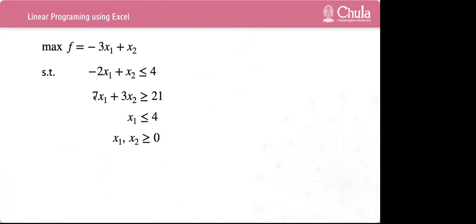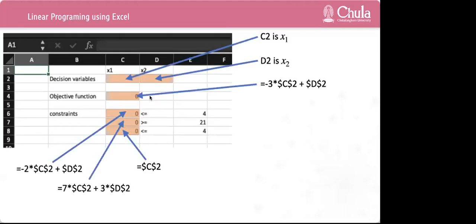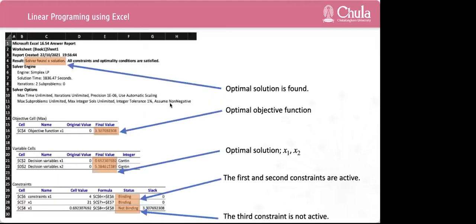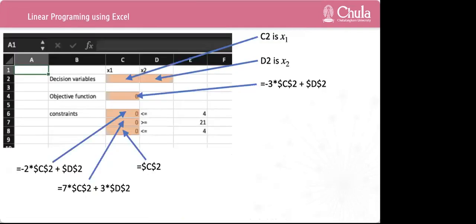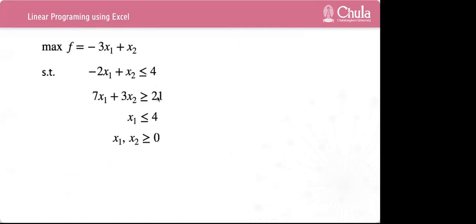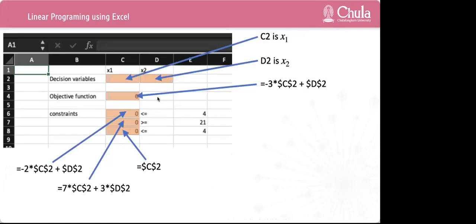That means our solution is on this line, I mean, 7x1 + 3x2 = 21. And the third constraint is not active, because it does not get involved in the solution. The solution is the corner, the intersection between the first and the second function.